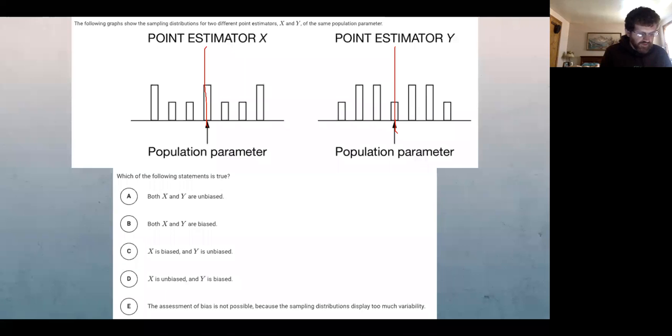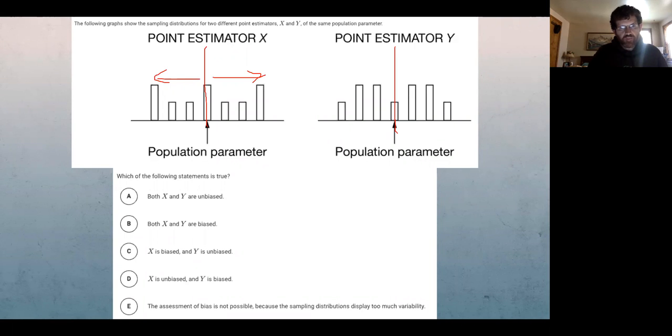So if I look at this, the distribution on the left and the right are symmetric, which means the mean is going to fall right in the middle. So the mean in this case is exactly the same. So X bar right here is going to equal this mean right here.